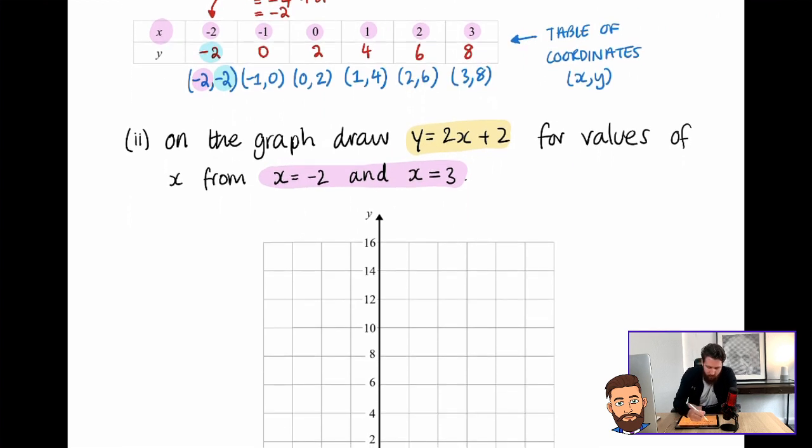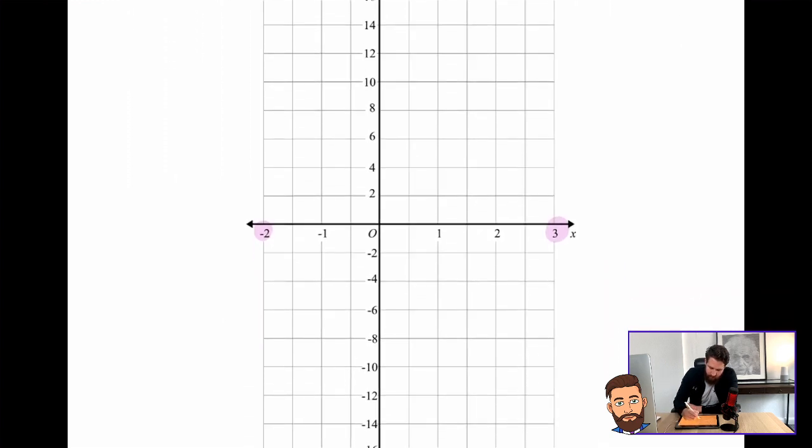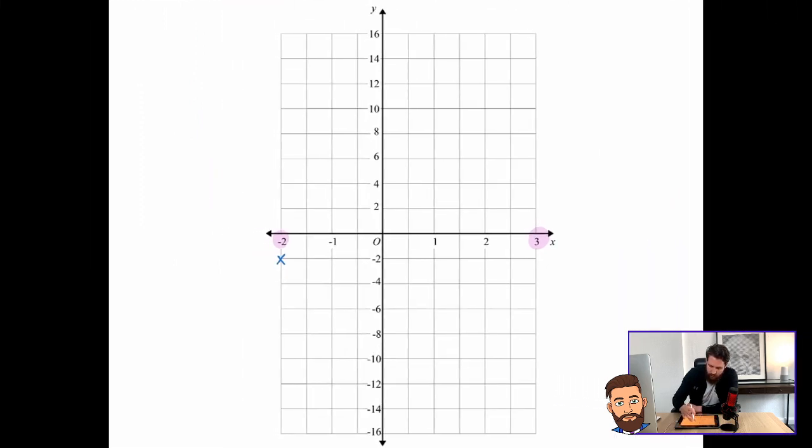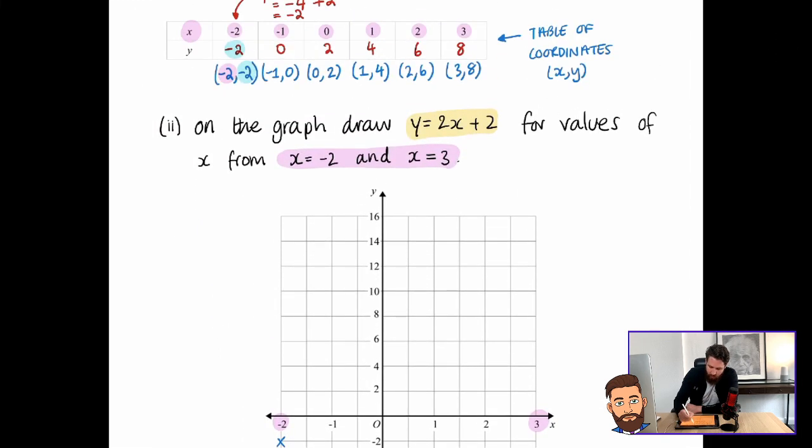The first coordinate is -2, -2. So if I start at 0, I'm going to go across -2 and then down to -2. So that would be this point here. -2, -2.